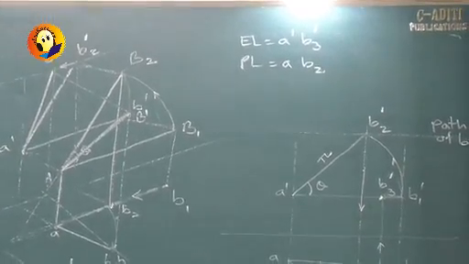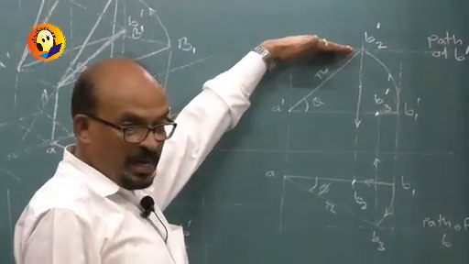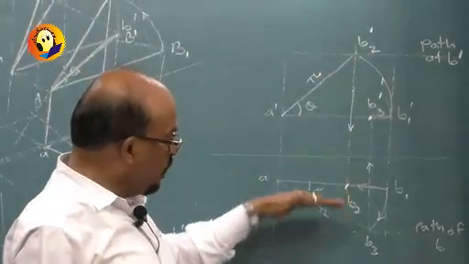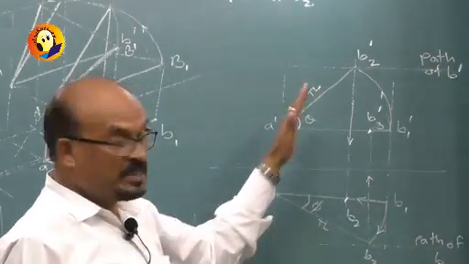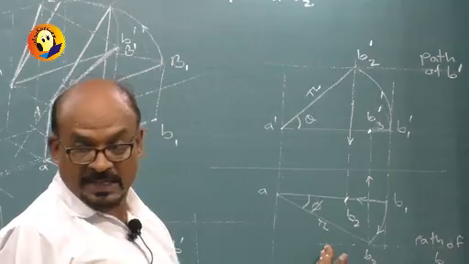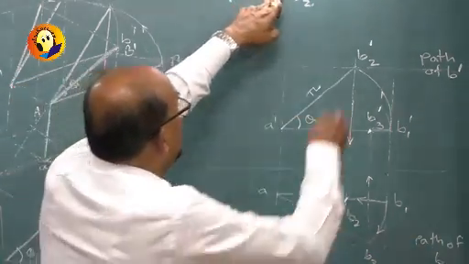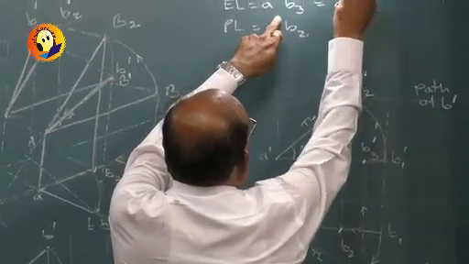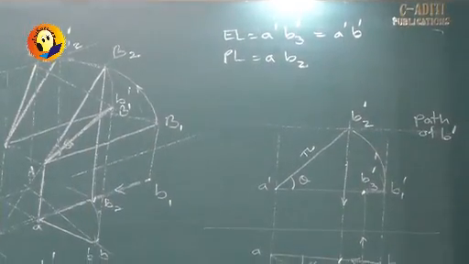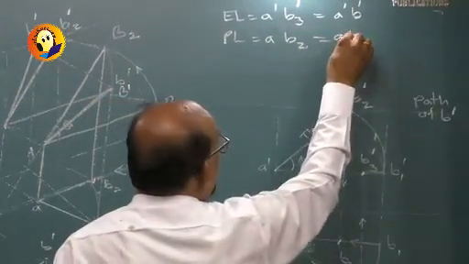Point A is fixed. Point B, its distance from HP we have calculated graphically. It is this much. Its distance from VP is here. A B dash should be here and B should be here. But where exactly on this line? Now I also know that A dash B3 dash is nothing but in reality A dash B dash, because it is the elevation length, and AB2 is nothing but AB.